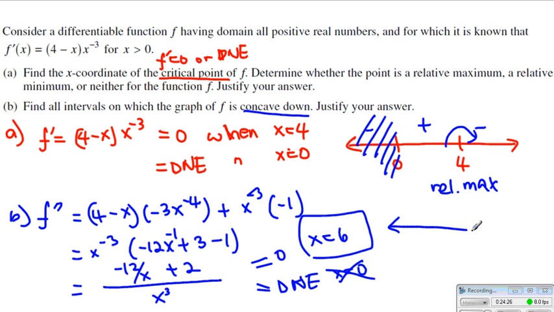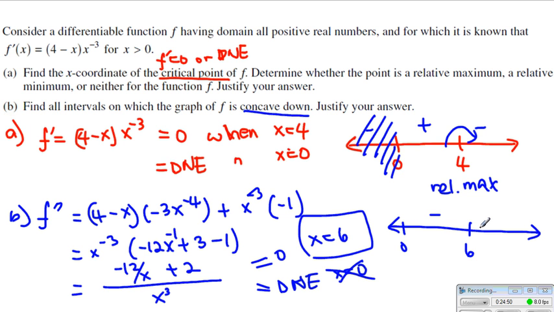So here we have, for the second derivative, 6, and we have 0. It has to be greater than 0, and then 6 divides the interval. So if I plug in 1 as a testing point to the second derivative, we'll end up getting negative on the numerator. Denominator is positive, so we'll have a negative point.